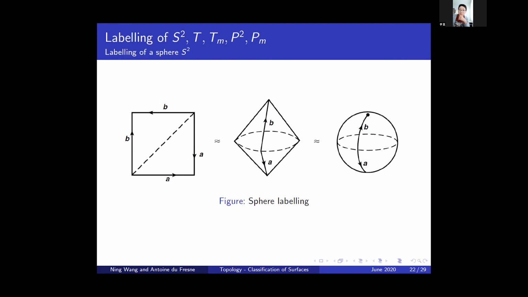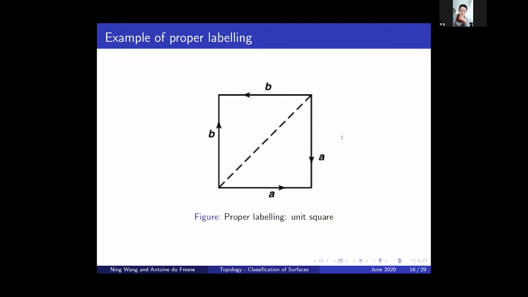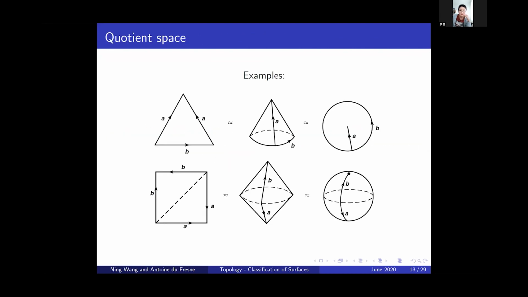If you look back at the labeling of a triangle, you can see that when you paste the a together, it makes a cone with a long edge, which is b.